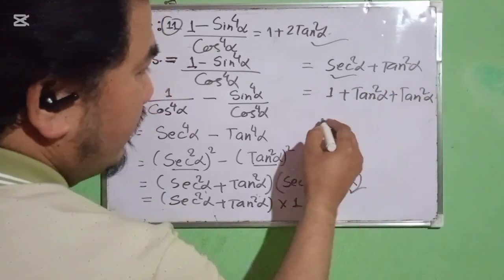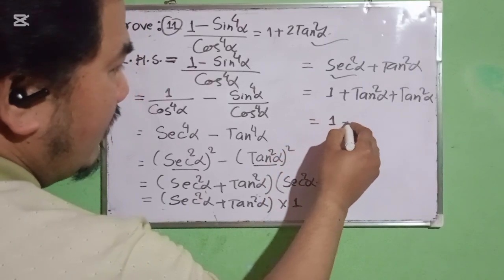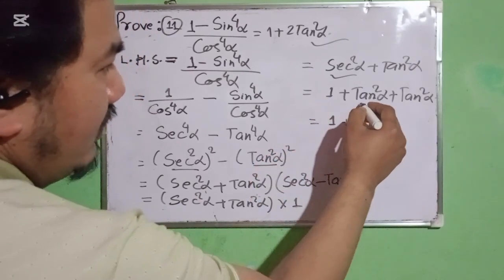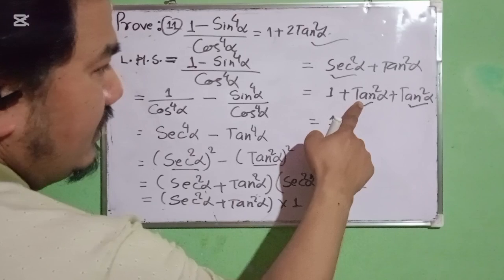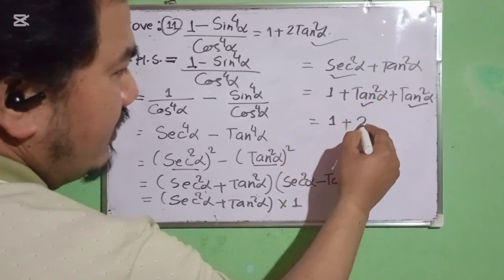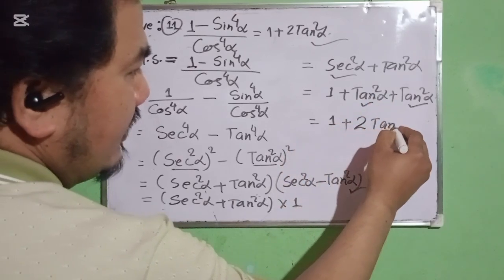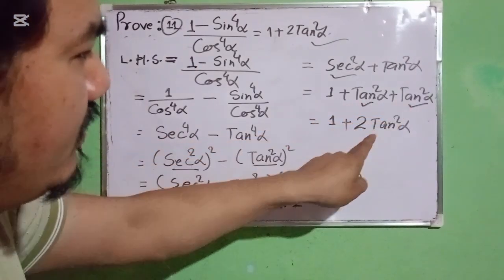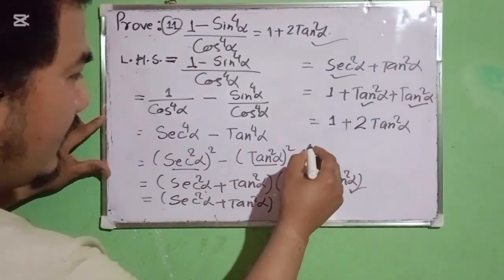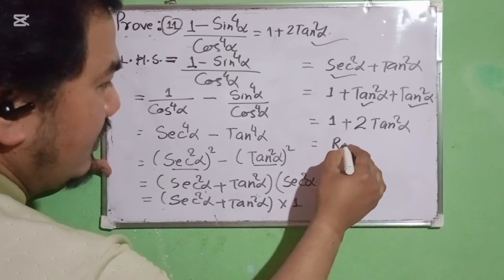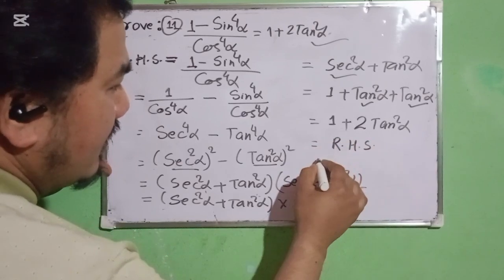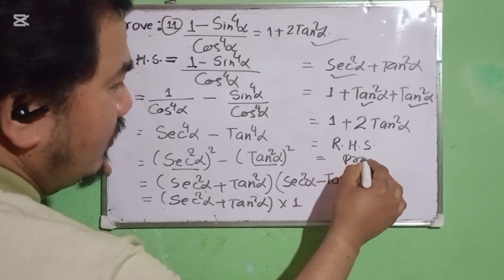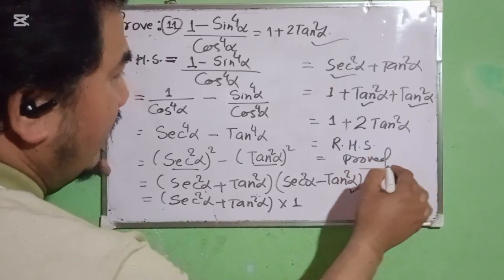Then 1 plus this one is 1 only, and these two are like terms, so tan square alpha plus tan square alpha we write 2 tan square alpha. This is our right hand side, RHS, then proved.